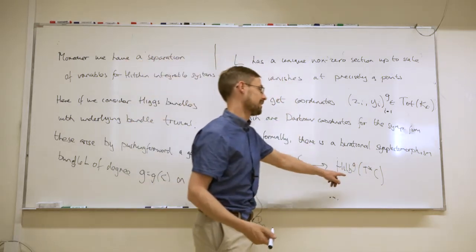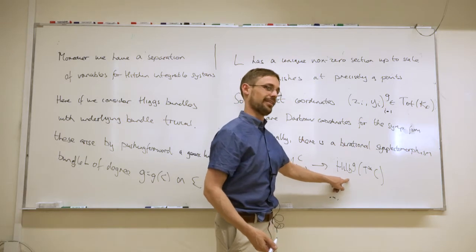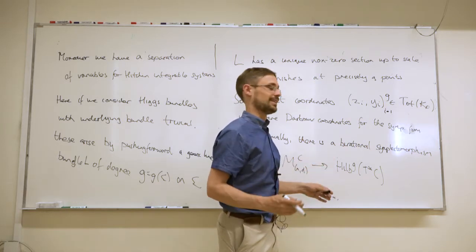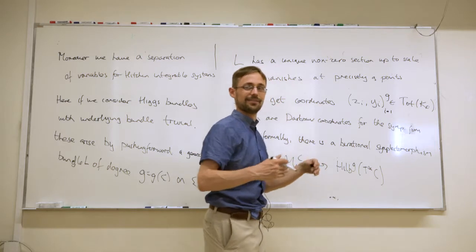That's to say, essentially just the symmetric product of points on the cotangent bundle, and it deals with the situation where they flow together.